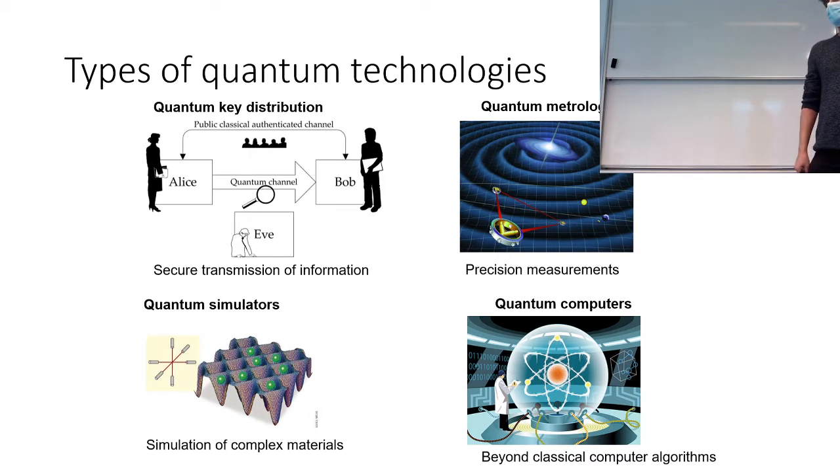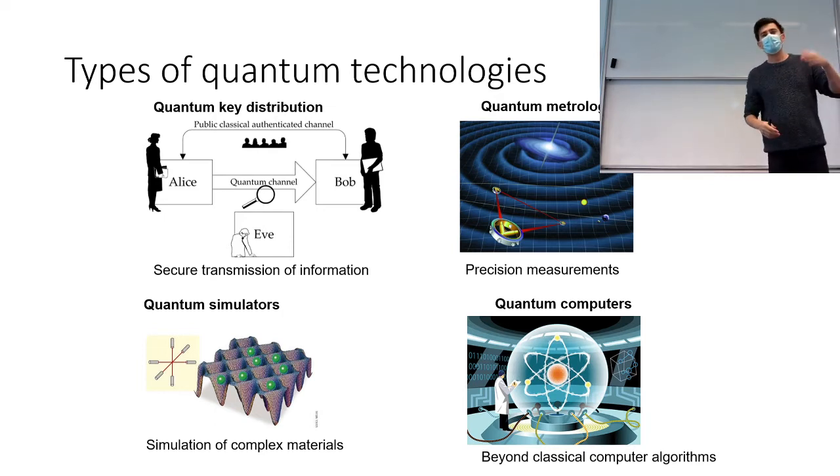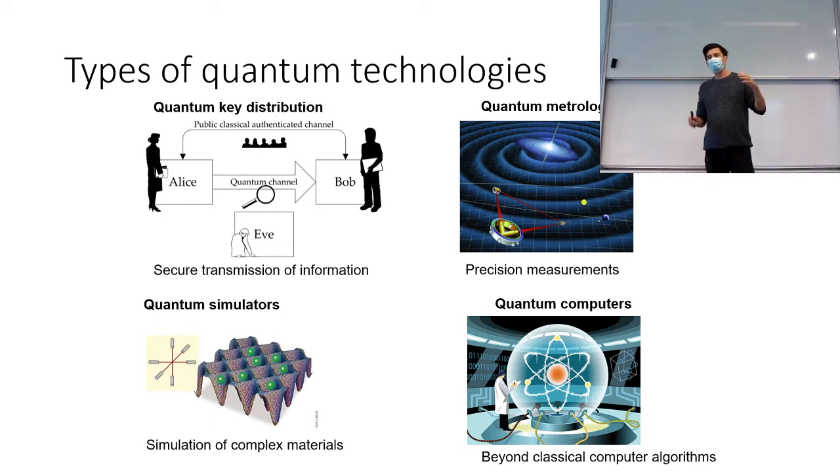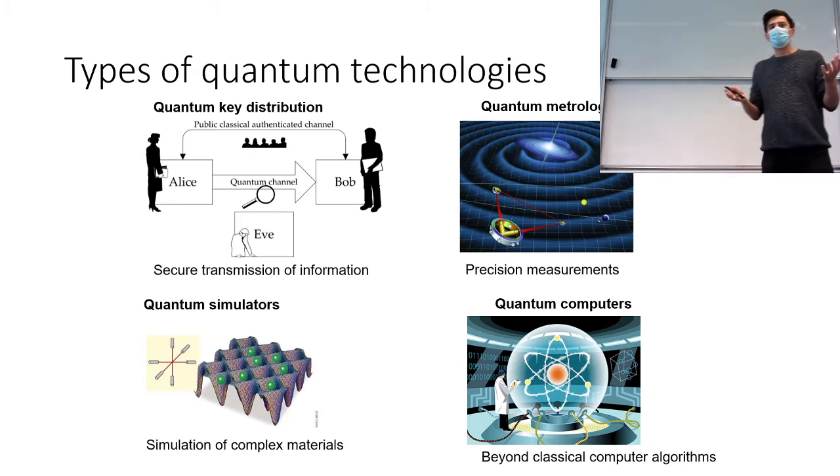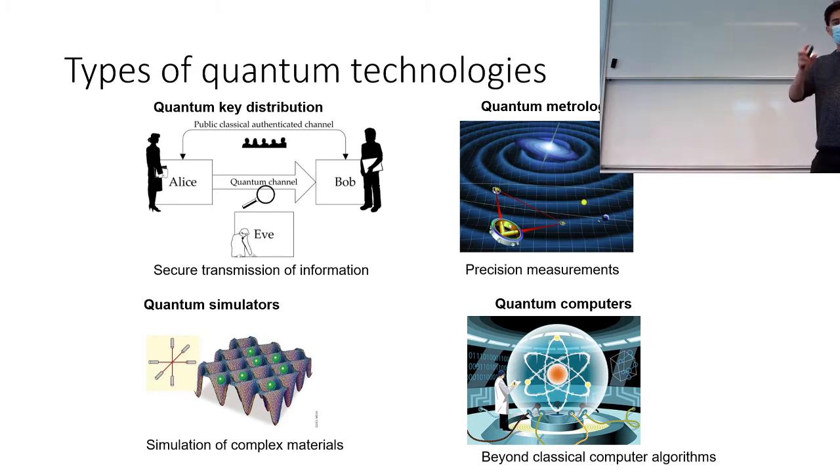The way you do it is you encode the information in a way such that when you read it, you can't properly extract it because of fundamental limitations on measurements. So quantum mechanics is different to classical physics in terms of measurements.